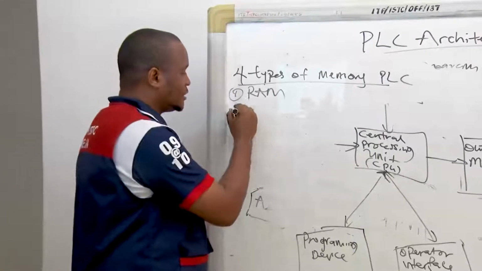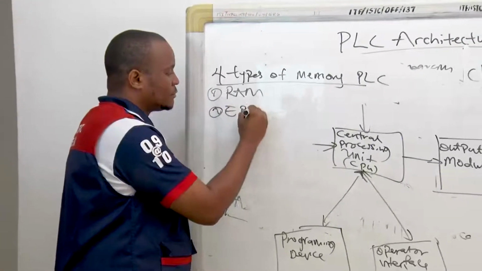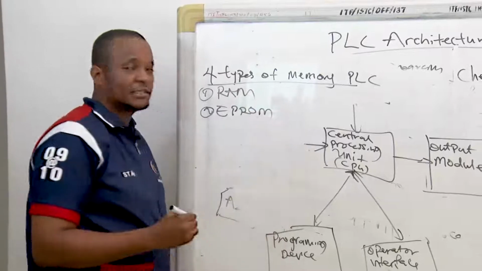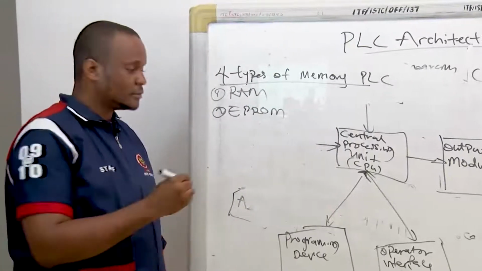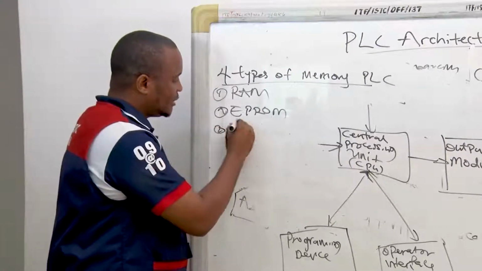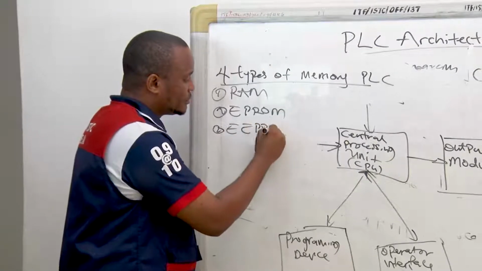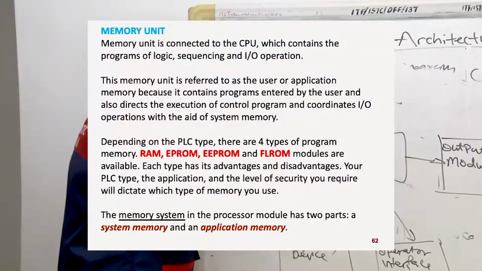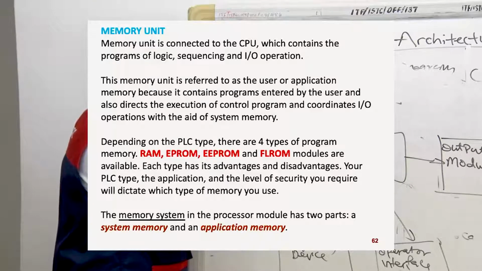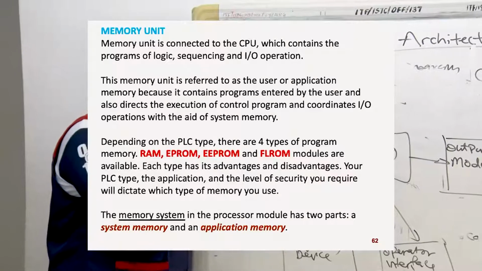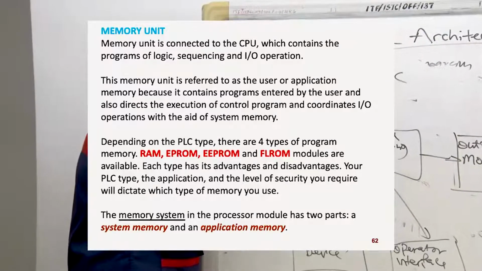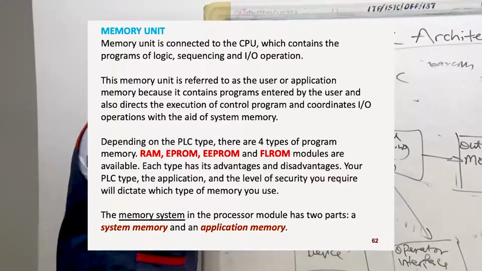You can have the PROM, programmable read-only memory. We have the EPROM, electrically programmable read-only memory. We have the EEPROM, electrically erasable programmable read-only memory. And then we have the flash ROM.